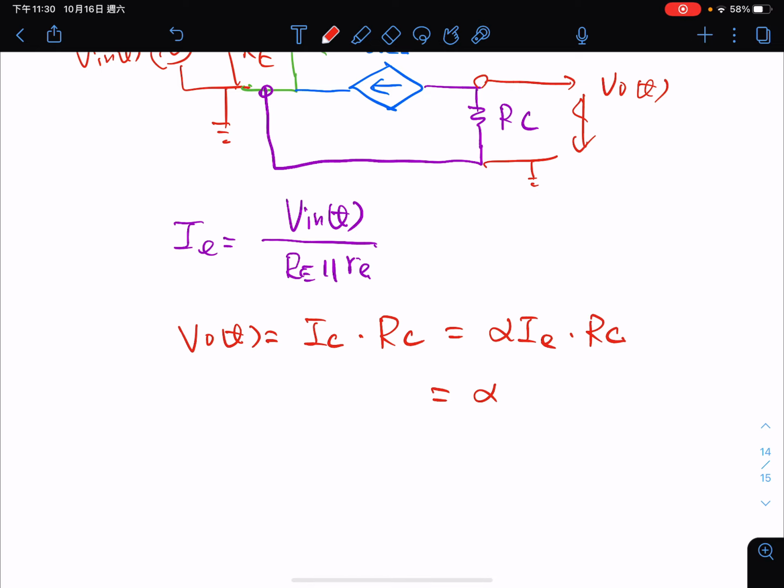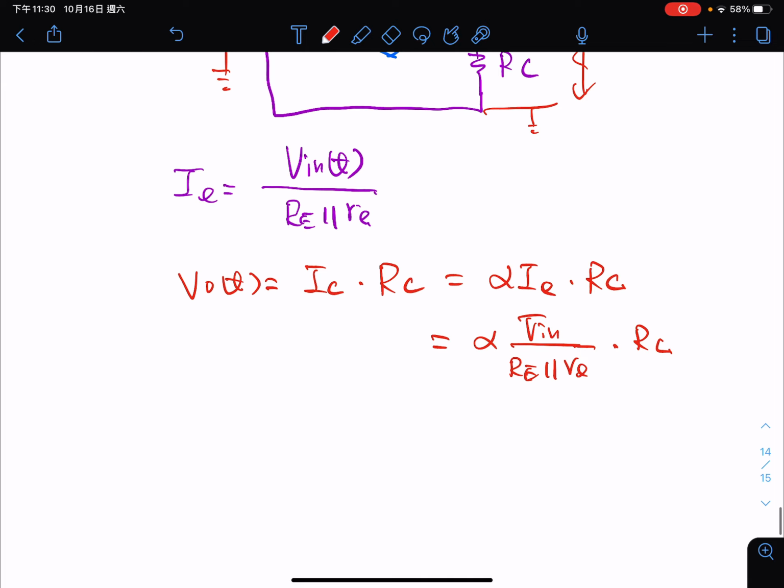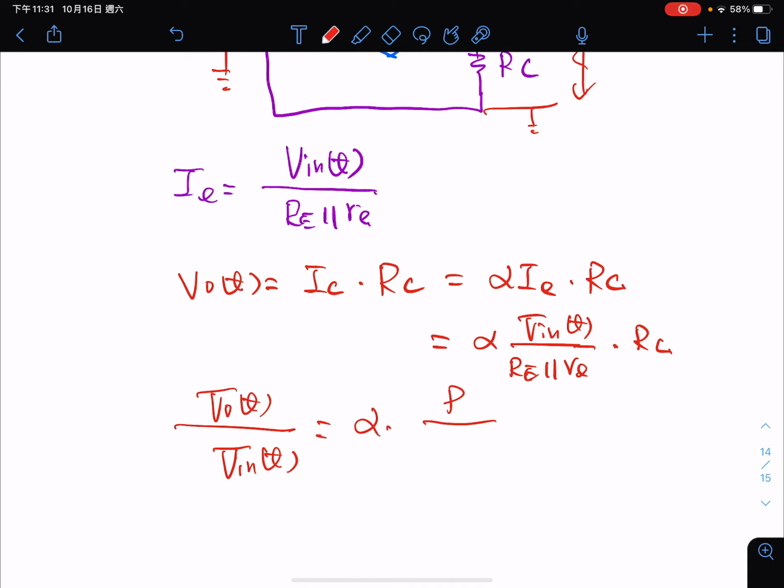It's equal to V in divided by RE in parallel with RE. So if we move things around, we have V output of t divided by V input of t, which will be equal to alpha RC divided by RE in parallel with RE.